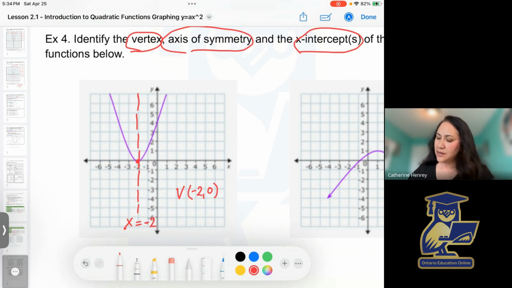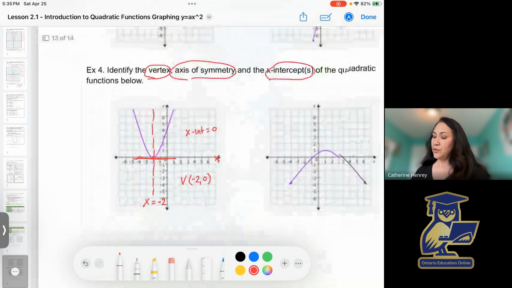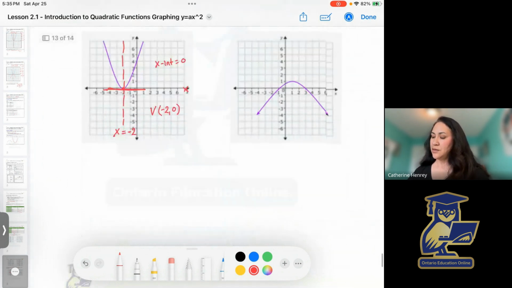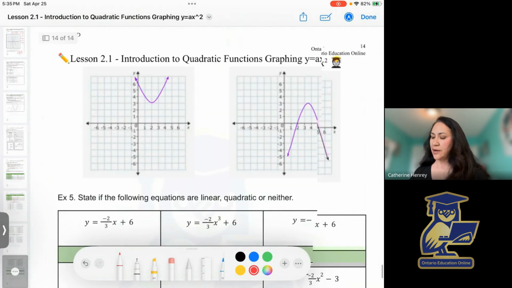And then finally, this graph looks like it touches the x-axis here at 0. So the x-intercept here equals 0. So I want you to go through and identify those 3 things for the last 3 graphs.